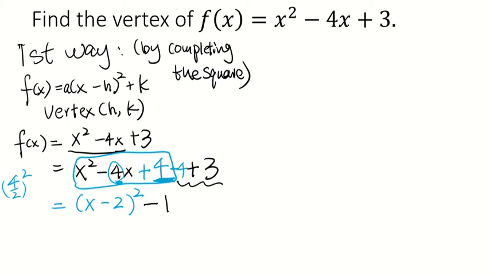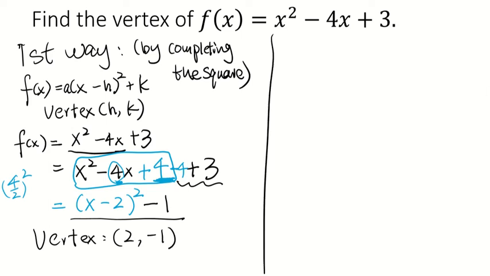All right, so now we turn the original function into its vertex form. So from the form, we can tell the vertex here is (2, negative 1). Okay, so this is the first way. Find the vertex by completing the square and use the vertex form.